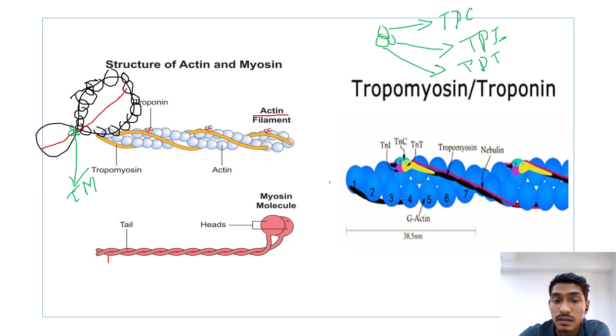You can see it is written in the image also. It is made of three proteins, that's why it is called a trimeric protein.